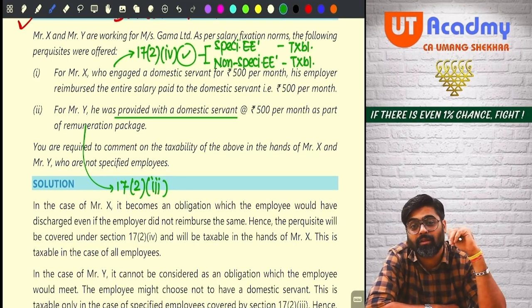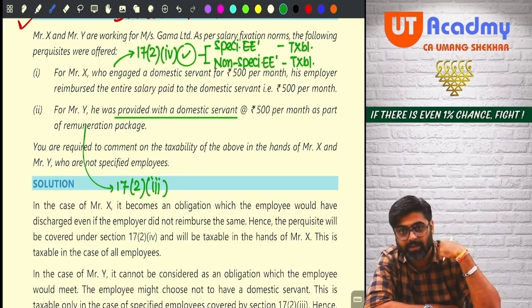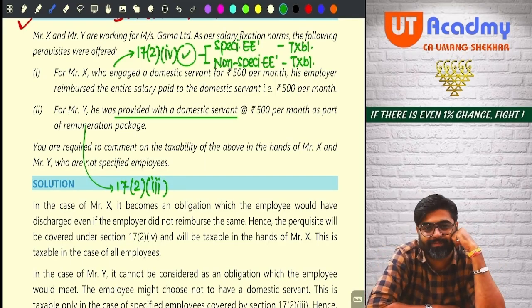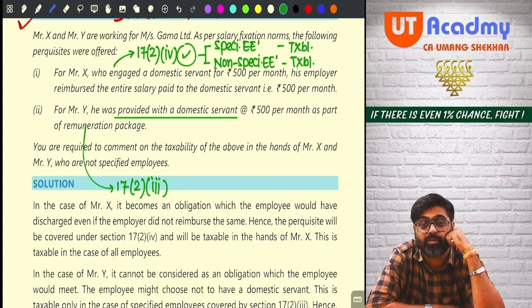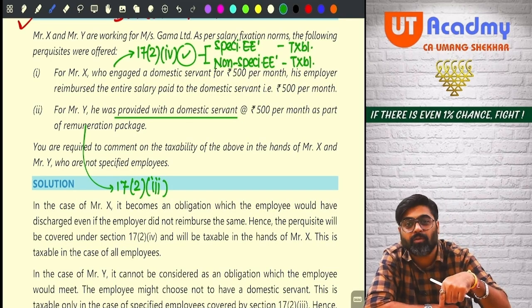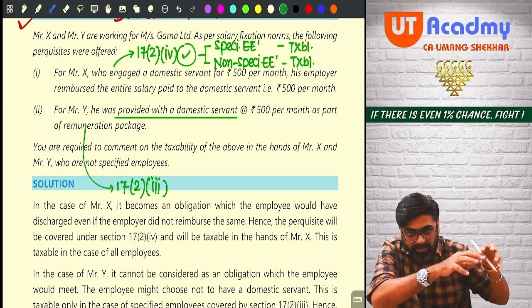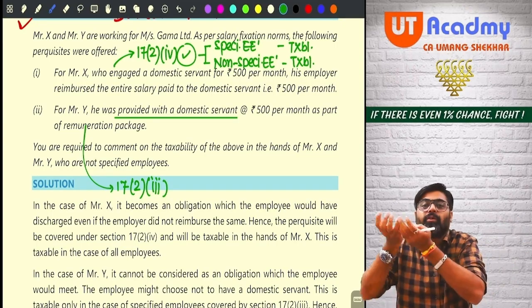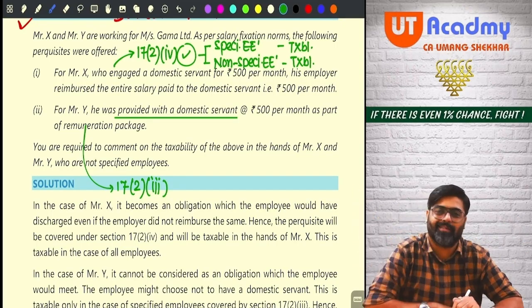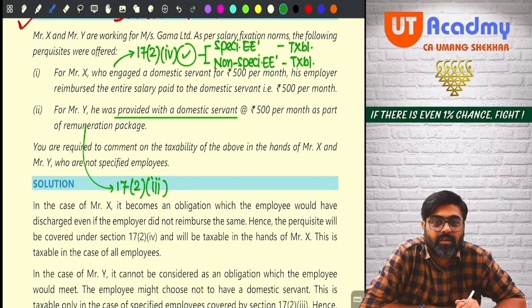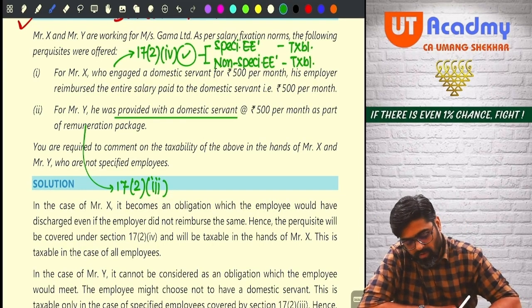So who will engage the servant? The employer will engage and give that servant to you. In that case, this is not clause 4, this is a clause 3 perquisite.